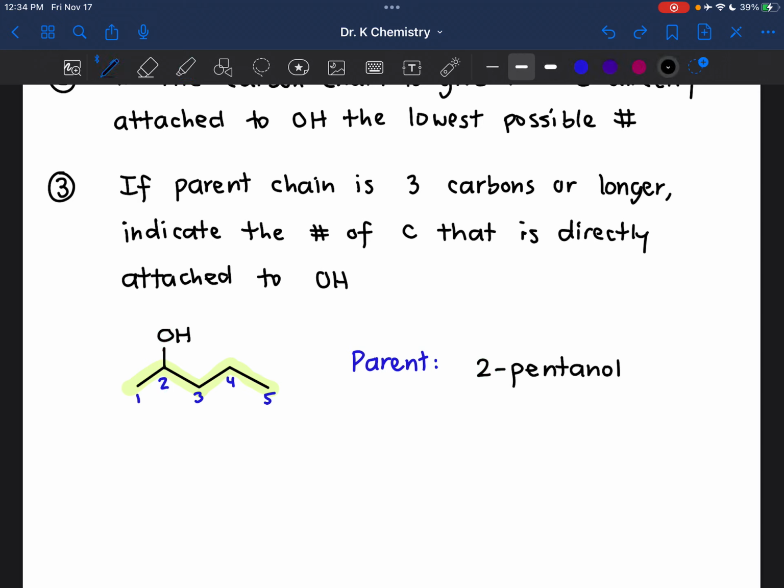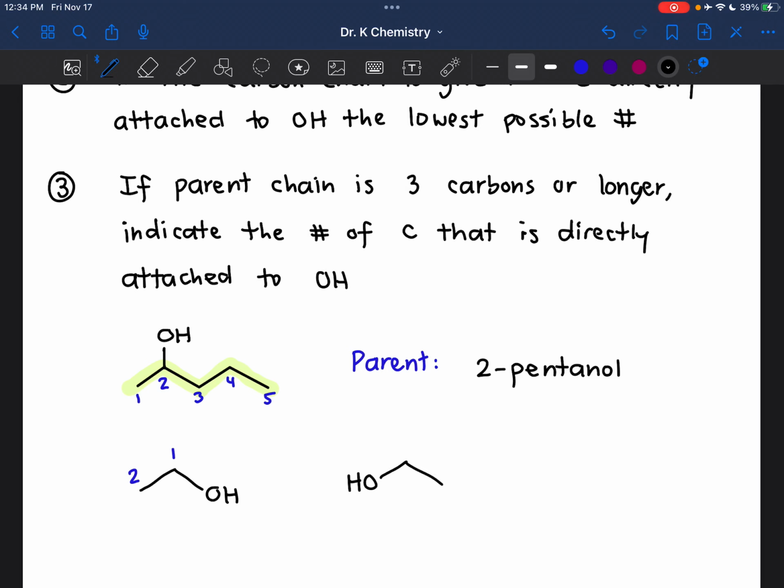Because it could really be anywhere in the chain. We could have something like this, for instance, in which case it's on carbon 3. And we have no idea where that OH group rests unless we indicate that numerically. Now, the reason this is not important if you have a carbon chain that's less than 3 carbons long, is because regardless of which way it's drawn, this carbon is going to be number 1.